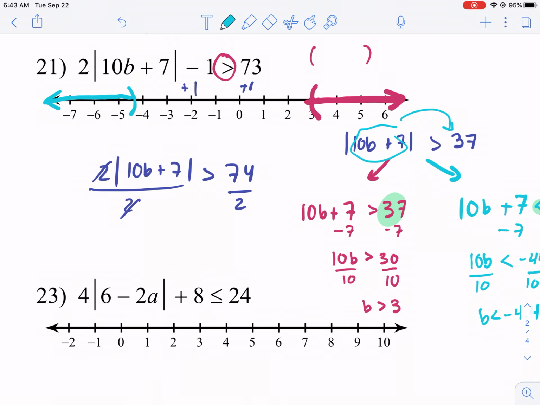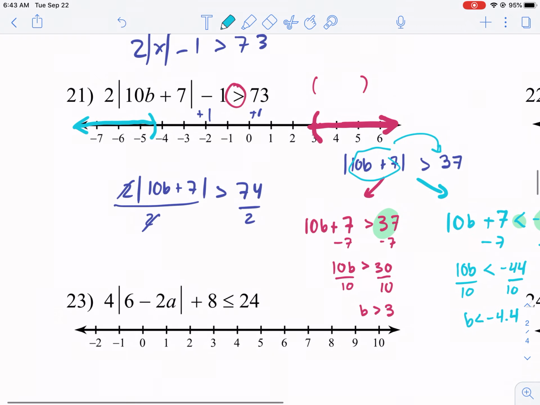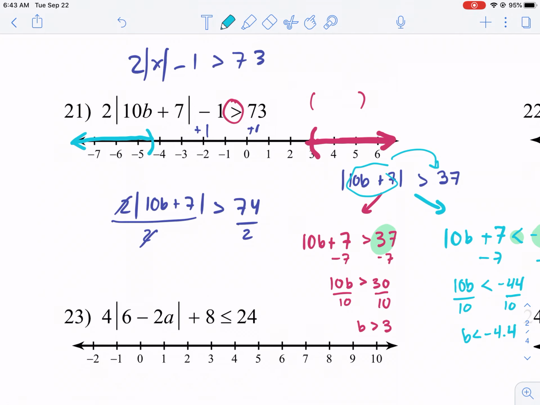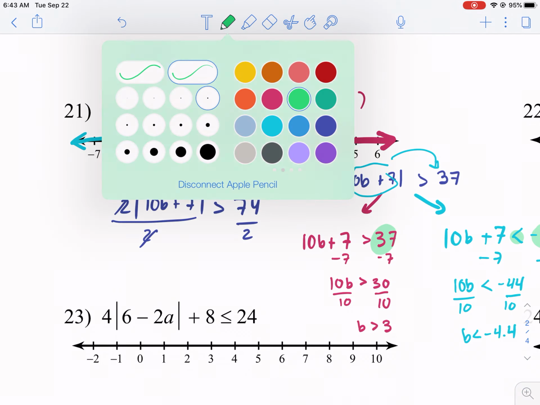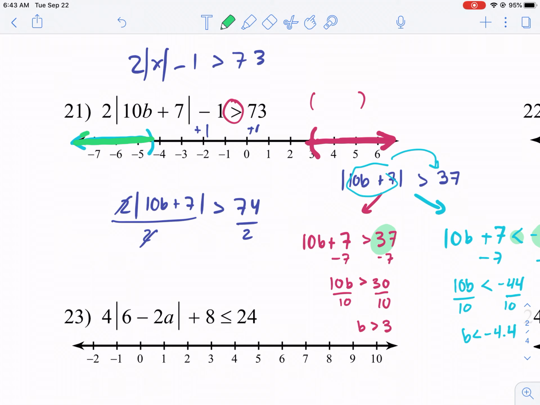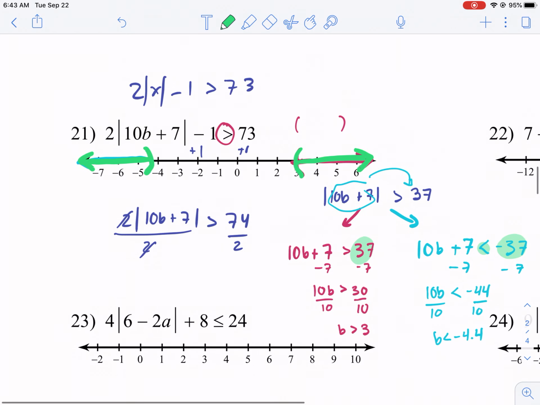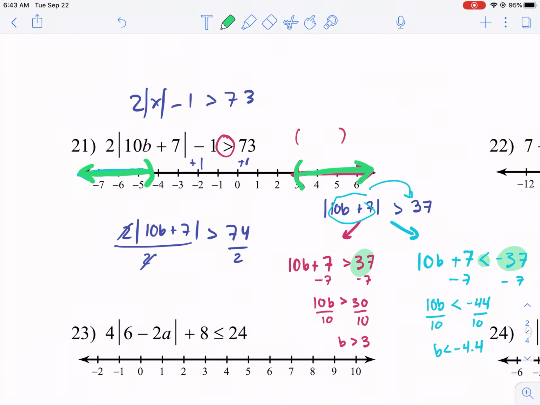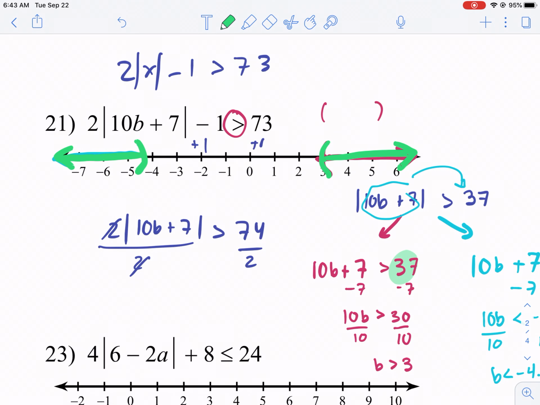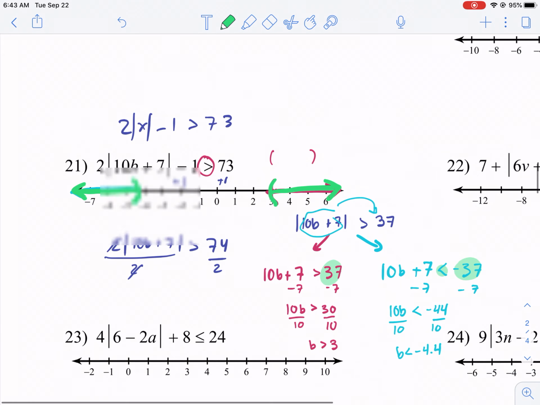Now, notice a key distinction here. If you have an absolute value greater than a value, you're going to get a graph where it goes in two different directions. This is like an OR graph, okay? An AND graph would never be like this. Or I guess technically you could consider this AND, so kind of disregard what I just said, but notice how we're going to have a graph going in two different directions.